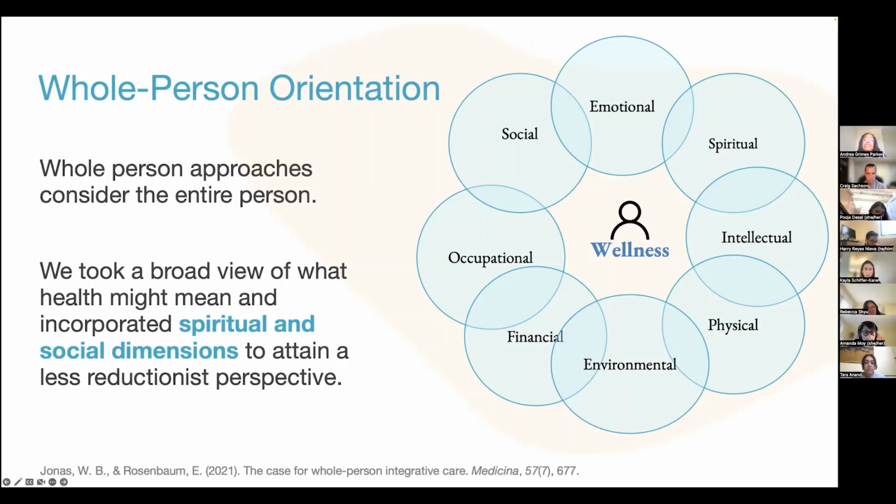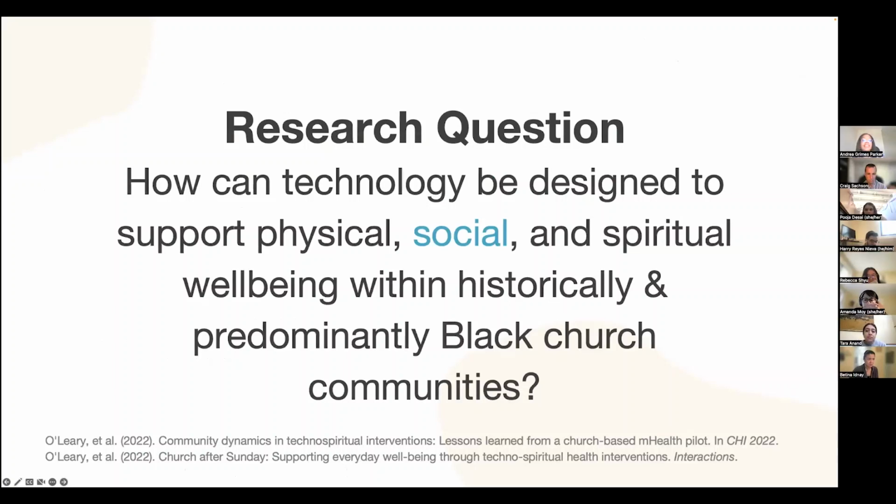And our resulting system then not only supported physical and mental health promotion, but also incorporated elements that support spiritual and social well-being as well. And so in designing and evaluating our tool, our aim was to answer the following question: How can technology be designed to support physical, social, and spiritual well-being within church communities?